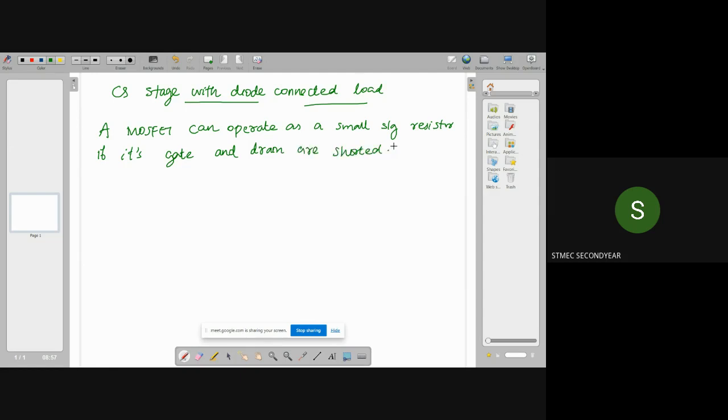Instead of RD, we are connecting this diode connected load.